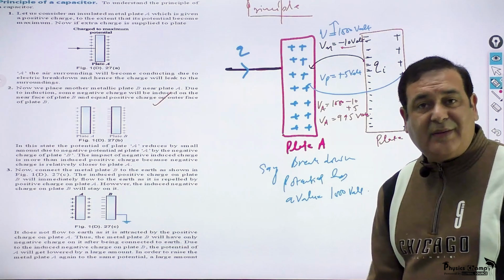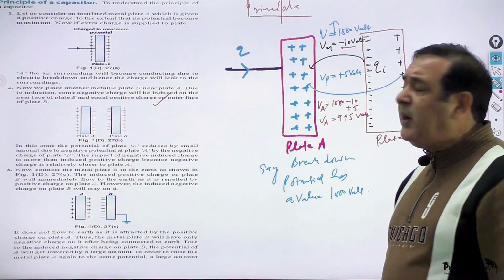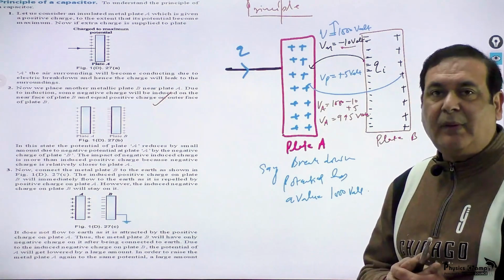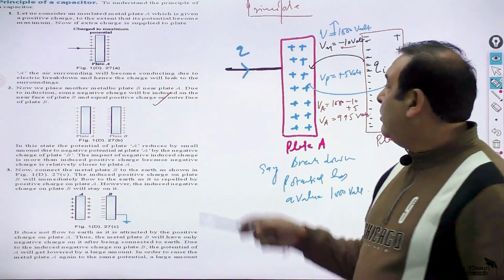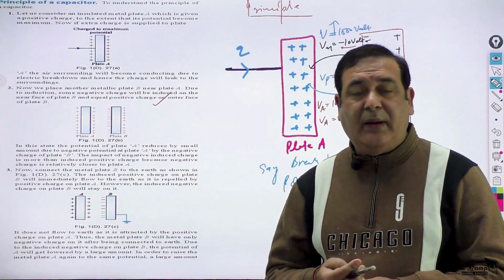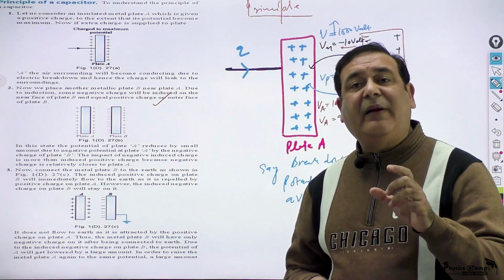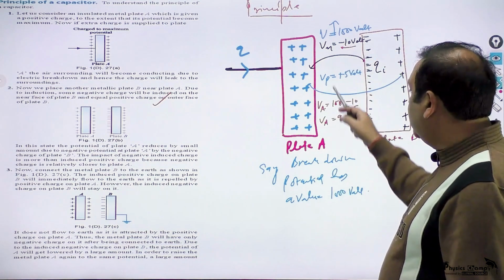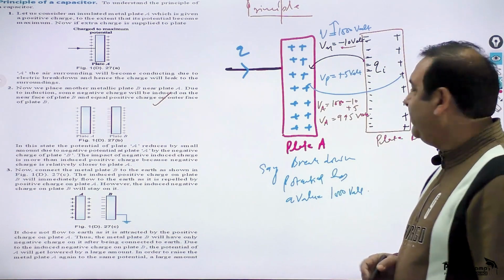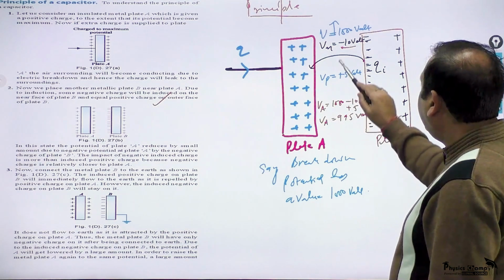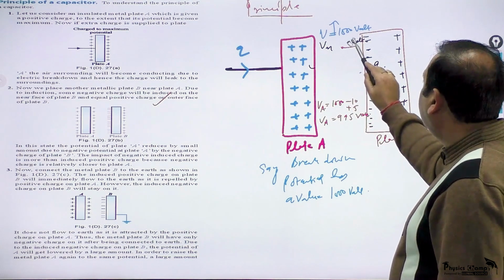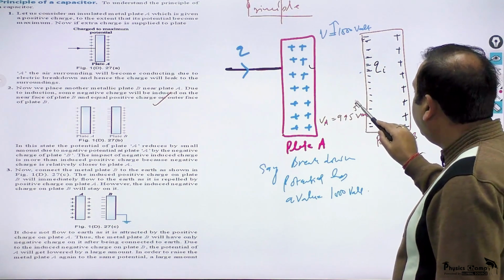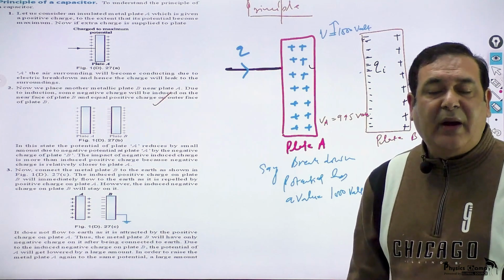Now you can see that by introducing this plate B near to it, without removing any charge from plate A, the potential of plate A is reduced from its maximum value of 1000 volt to 995 volt. So the result is that here you have a reduced potential, and that reduced potential on plate A is now 995 volt.